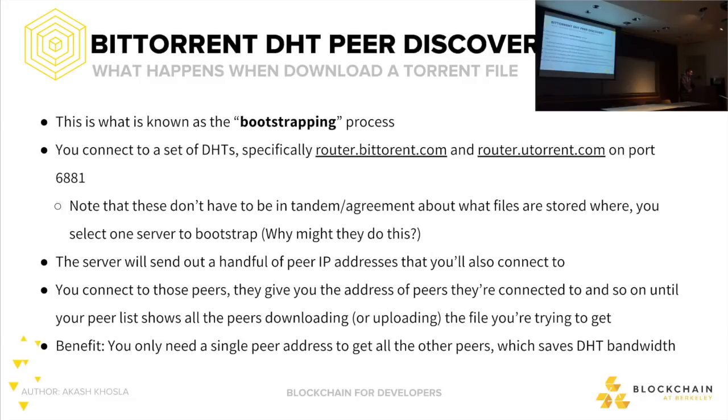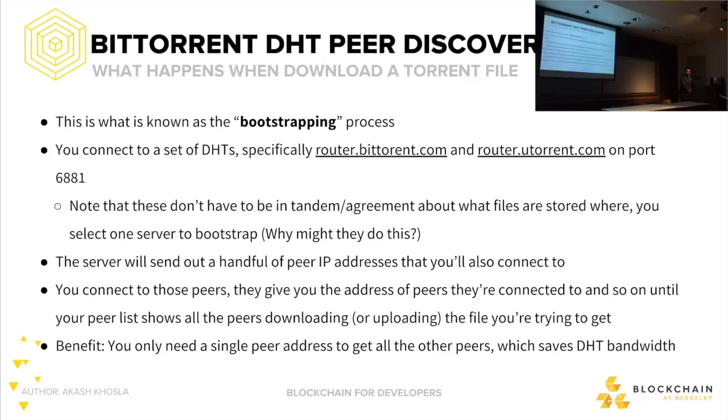Once you query the DHT, that DHT will send out a handful of peer IP addresses that you'll connect to, and you then connect to those other peers that have the same torrent file, and your peer list will eventually populate with a bunch of people that are downloading and uploading the same file.